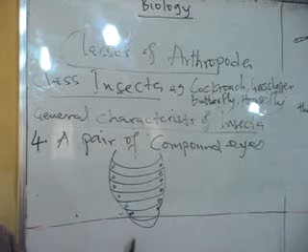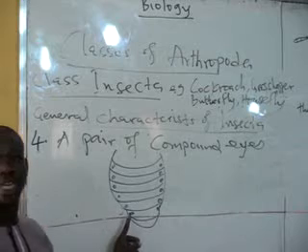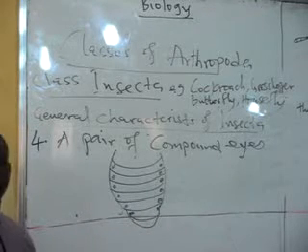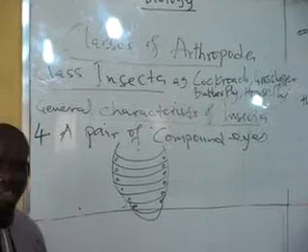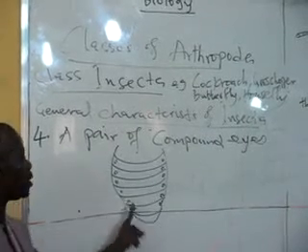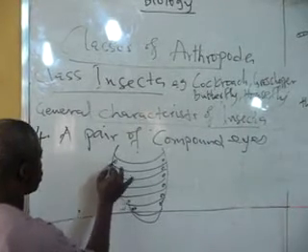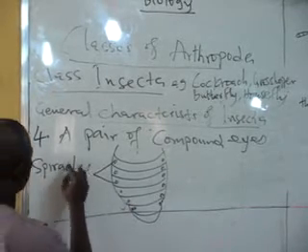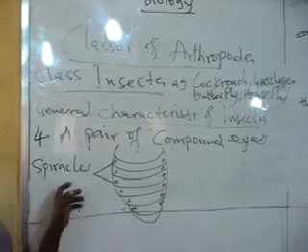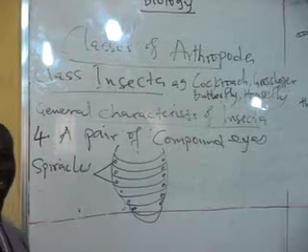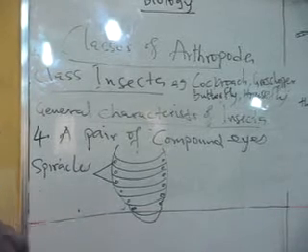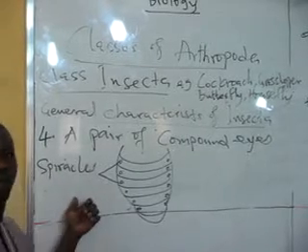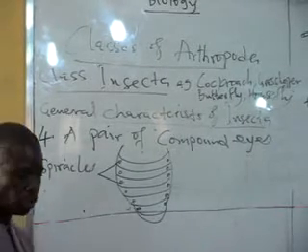These openings are for gaseous exchange because they lead to the tracheal system that is used for gaseous exchange. Now, these openings are called spiracles. So even though spiracles are present in the class Insecta, they are also present in some other classes of organisms. Though they are present, we can't say it's very peculiar to this one, but it's a feature that you have.